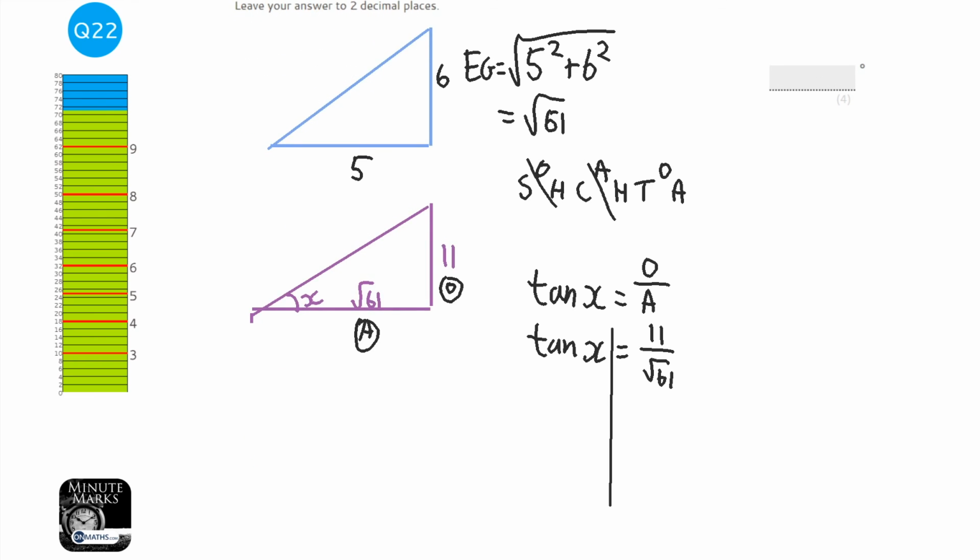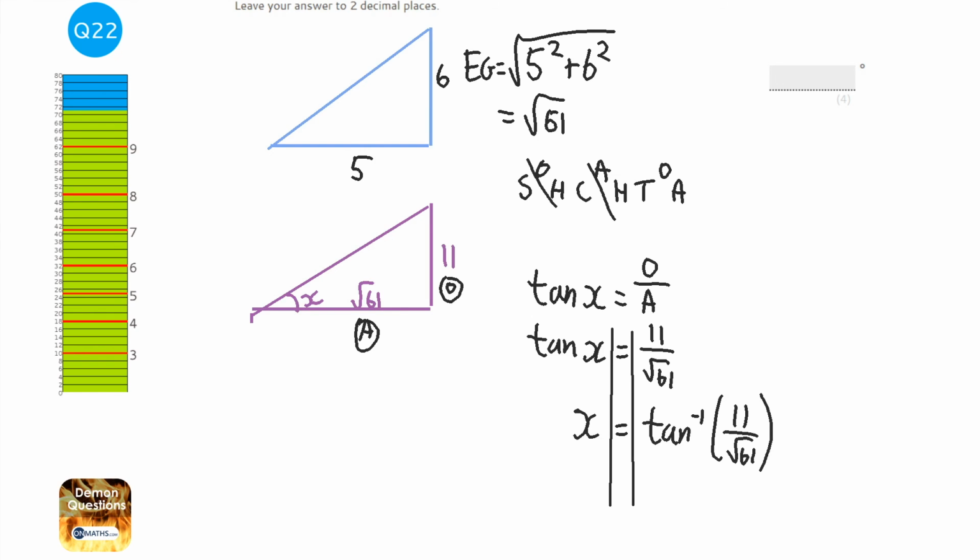And we're going to inverse tan both sides. Just standard trigonometry. So inverse tan and fraction 11 over root 61, and just close the bracket. There we go.